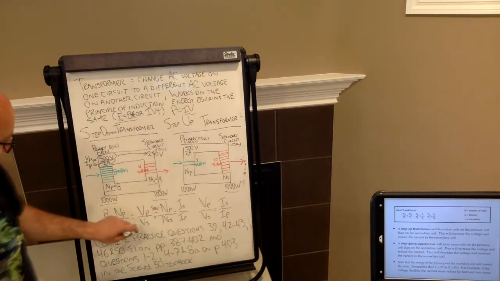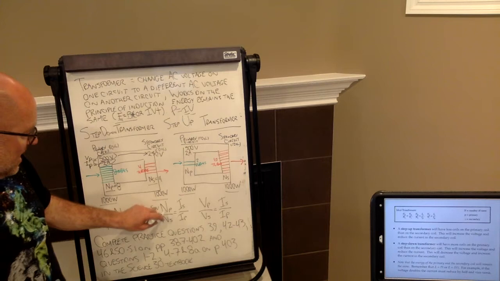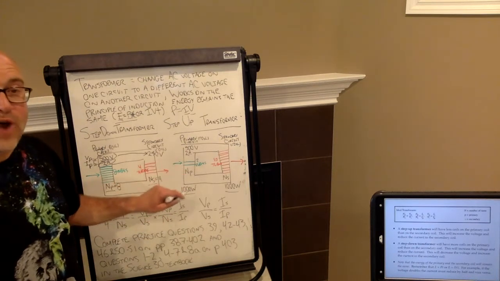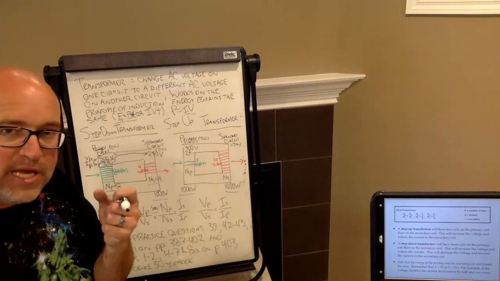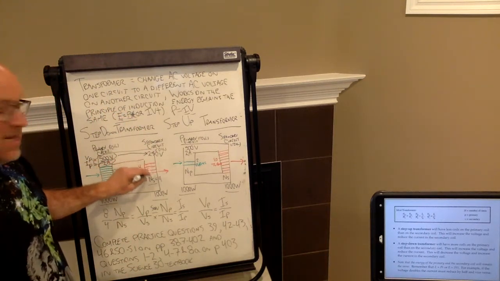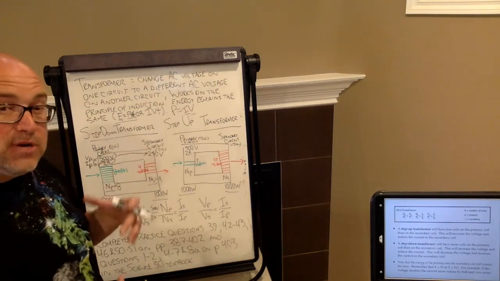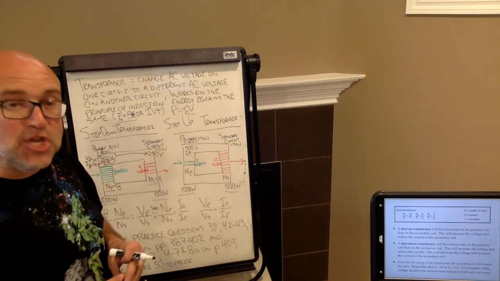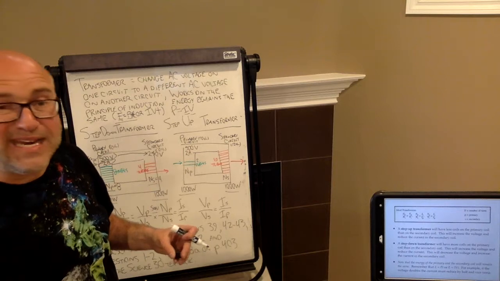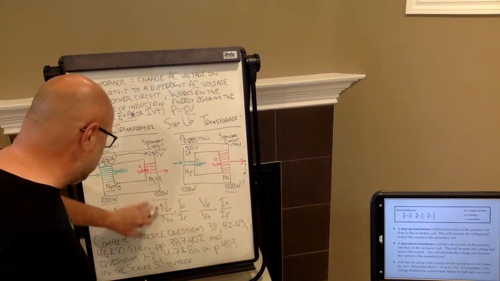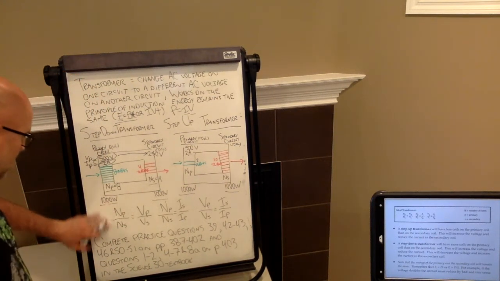That's why here in the equation, NP over NS is equal to IS over IP, because there's an inverse relationship. If I decrease the number of turns from my primary to secondary, my current's not going to go down. My current's actually going to go up. And in fact, my current is going to double because I'm going from 8 over 4. Let me just move my numbers over here.